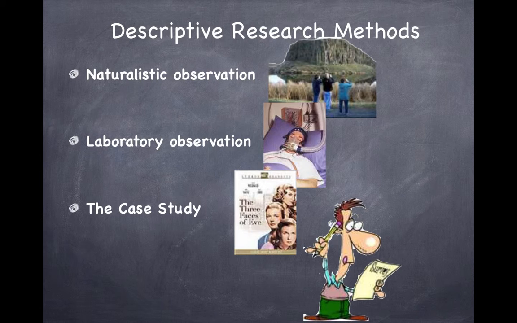Case study is another way of gathering research information. Now, this is a little different. This isn't gathering information on a lot of people. This is looking at a single person or a very small number of people, and you're studying that person in great depth. The book there is Three Faces of Eve, and this was essentially a case study of Eve, who was a person with multiple personalities, and she had three personalities.